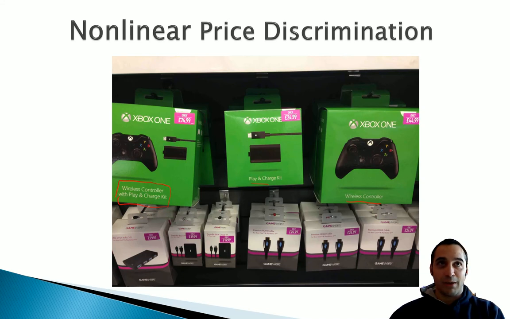We'd think this would be offered at a savings. However, if you were to buy the controller and the charge kit separately, it would come out to about £70. However, buying them together costs you an extra $5. So somebody who set the prices here messed it up. But it's funny. The reason it's a mess up is anyone buying this could get 2 boxes and save themselves $5, right? There's no cost to them to just have both.